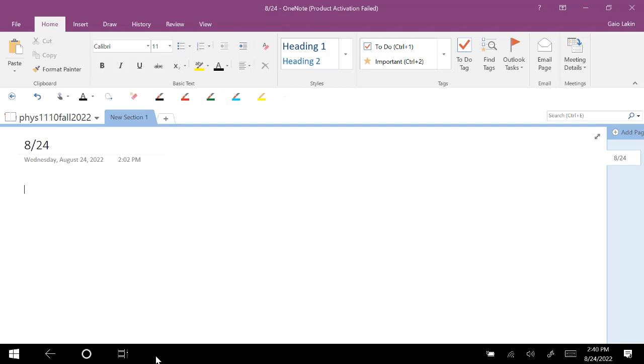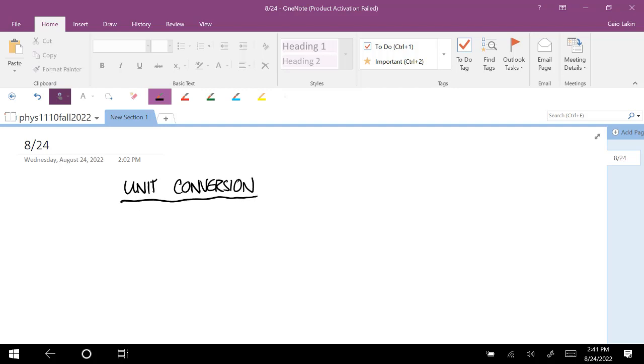So I'm going to start with unit conversion. Every measurement that you take, every scientific measurement, every measurement we take in physics has some kind of unit attached to it.